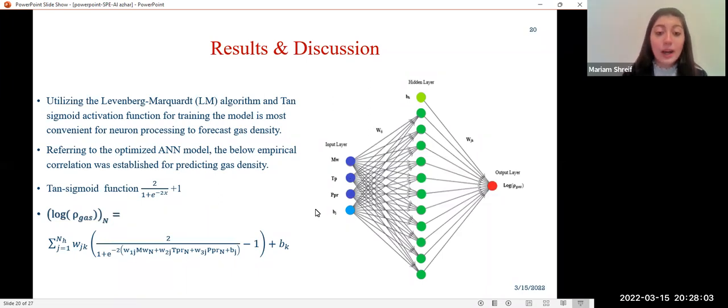And finally, we add the bias. What is the bias of the hidden layer? A bias is a constant that is added in order to help the model fit best for the given data. So it's similar to the constant in a linear equation.